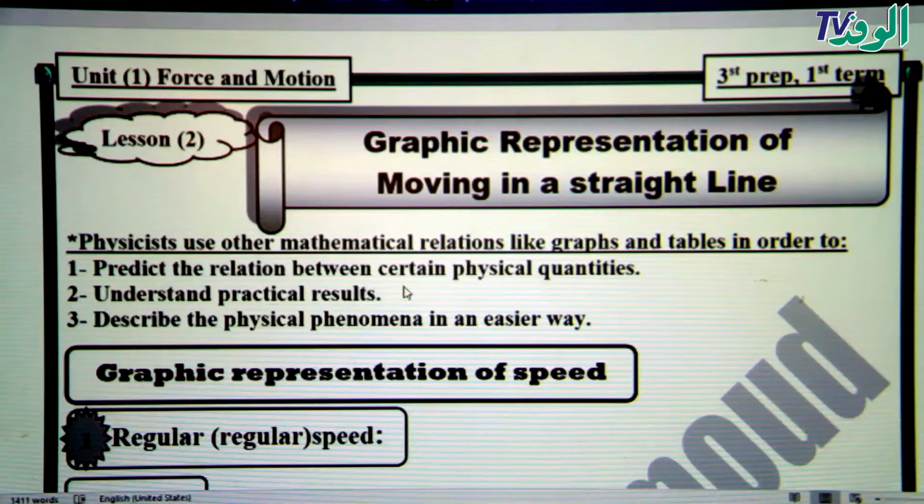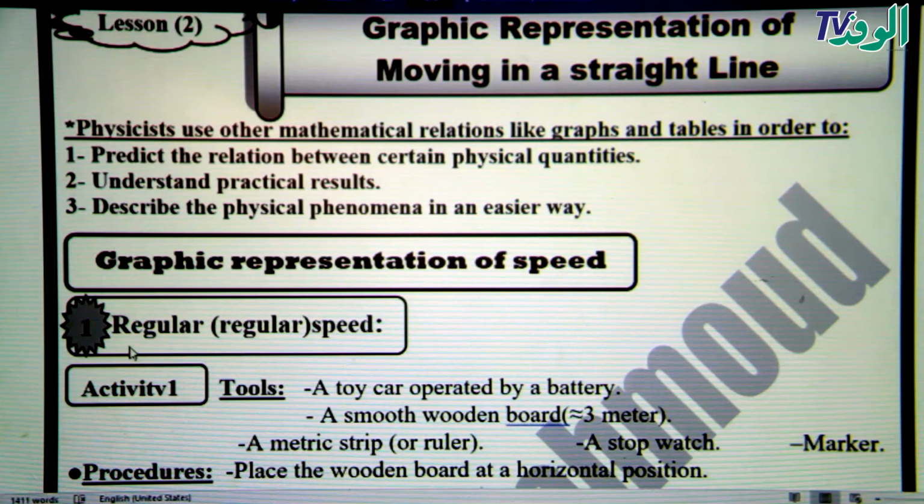In many ways we can say that we will repeat our first lesson but on the graph. So if I ask you what we studied in the last lesson, you can tell me that the most important thing we studied was the types of speed. Okay, how about the graphical representation of the speed when the object moves regularly?